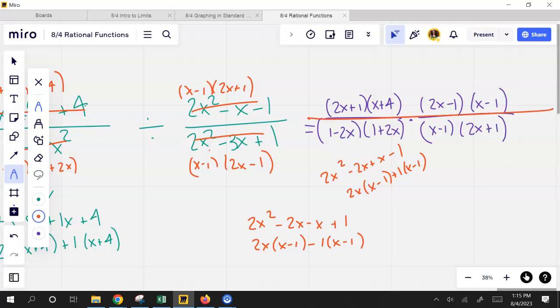Again, all the way across. And let's cancel what can cancel first. 2x plus 1. x minus 1. And then what?